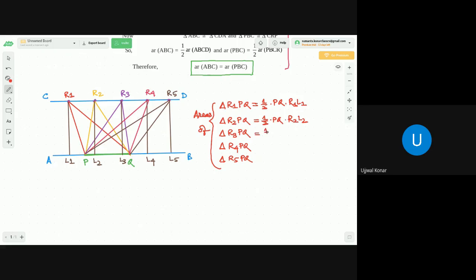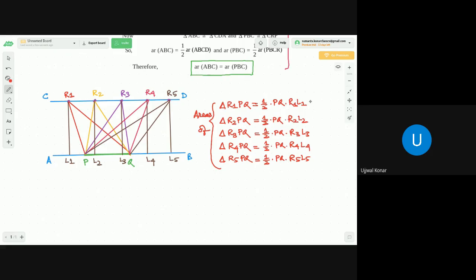That is equal to half into PQ into R3L3. That is equal to half into PQ into R4L4. That is equal to half into PQ into R5L5. Correct? Clear or not clear? Now, if you see, all these areas are equal because PQ is common and R1L1 equal to R2L2 equal to R3L3 equal to R4L4 equal to R5L5. Correct? So all are equal.